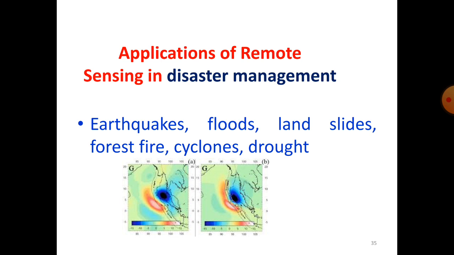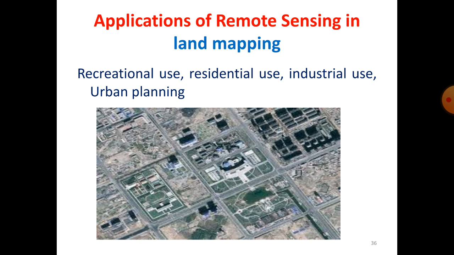Disaster management includes earthquakes, floods, landslides, forest fires, cyclones, and drought; the devastation of all these disasters can easily be identified by remote sensing technology. Here is a picture which shows the intensity of an earthquake that takes place in the deeper earth crust.